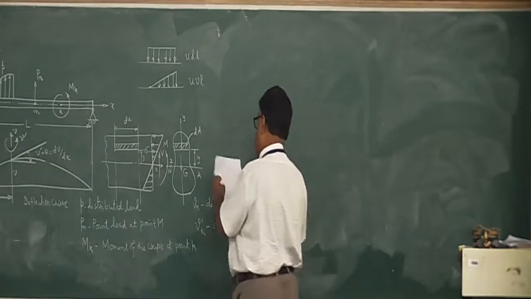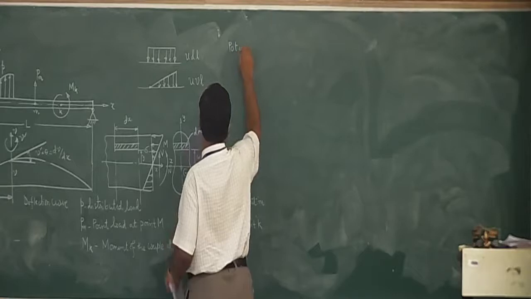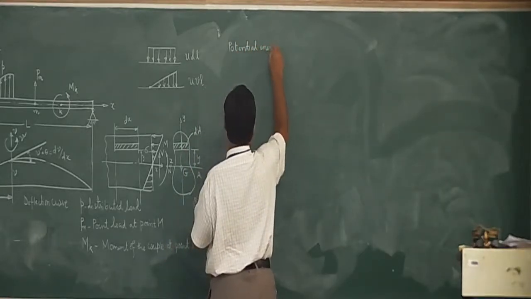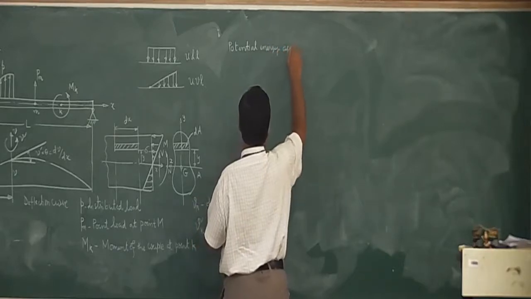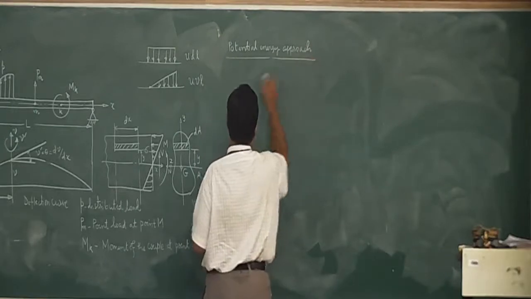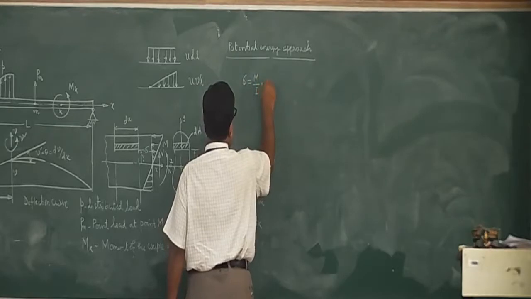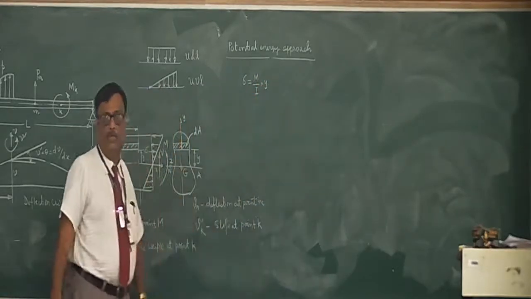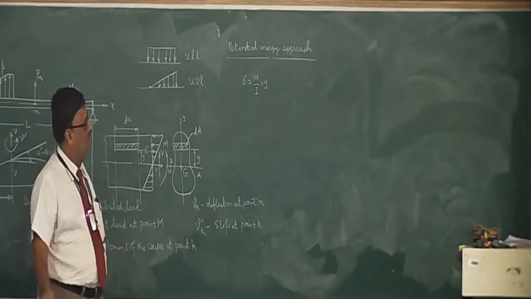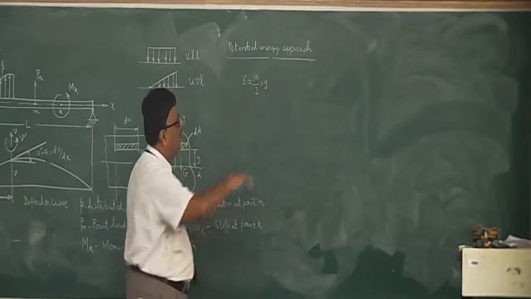Now let us consider the other parameters from the potential energy approach. See, before that, bending stress is always given by M by I into Y, where M is the bending moment applied to the beam, I is the moment of inertia of the cross section about x-axis or y-axis, and Y is the distance of the fiber under consideration from the neutral axis.